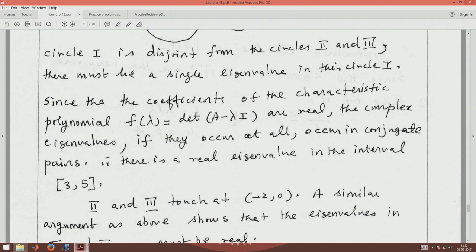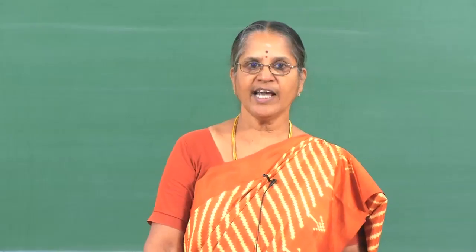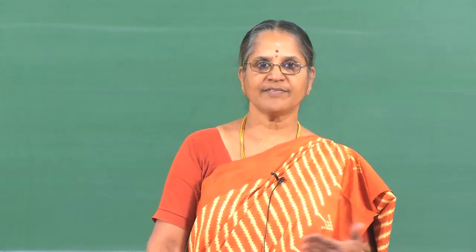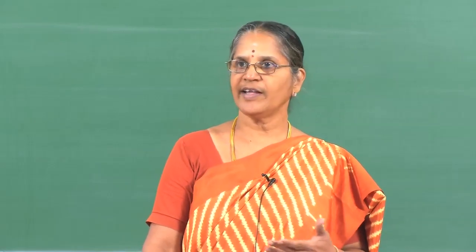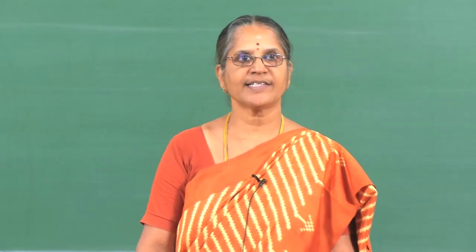And we also observe that if we write down the characteristic polynomial, determinant of A - λI equal to 0, the coefficients are real, and hence the complex values which are eigenvalues, if they occur at all, occur in conjugate pairs.